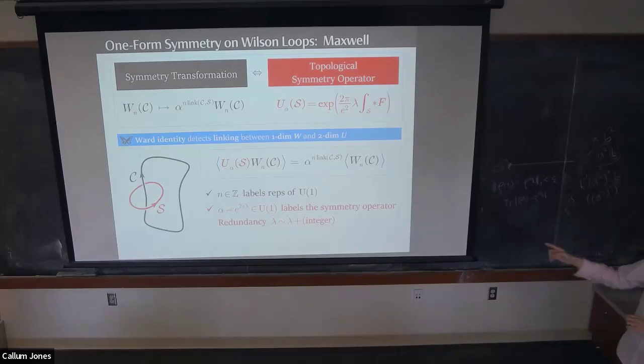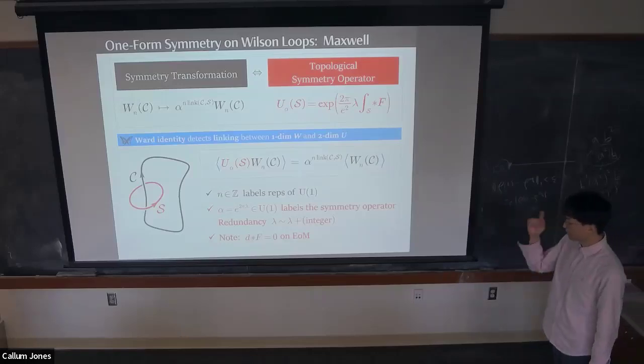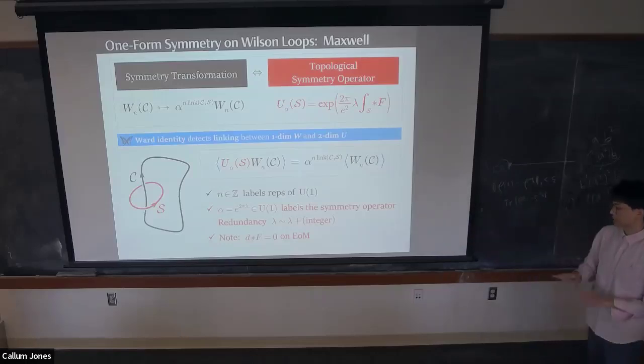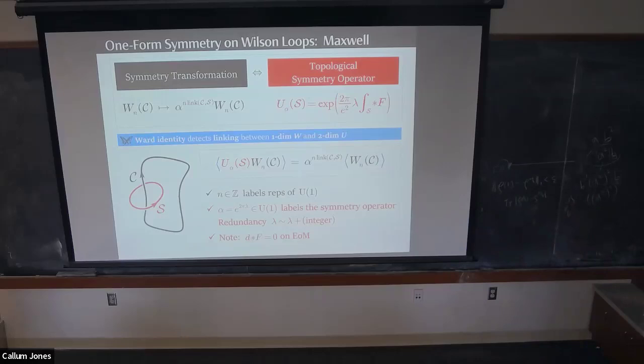That's why the symmetry operator is labeled by alpha, not lambda. Note that this symmetry operator could be derived by observing that star F defines a conserved current, but this derivation only works for continuous one-form symmetries, because for discrete one-form symmetries there's no conserved current. So for Yang-Mills theory, this should not be paralleled.